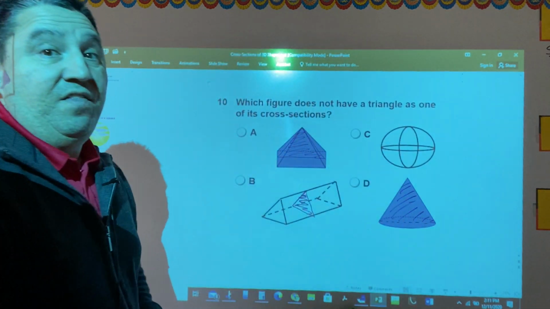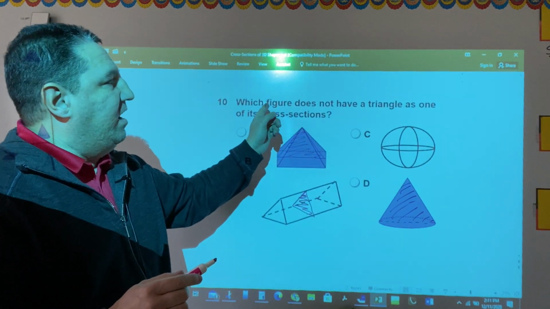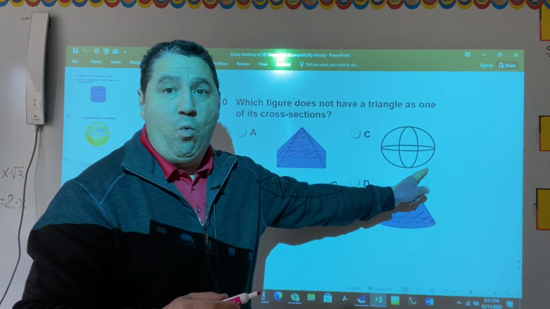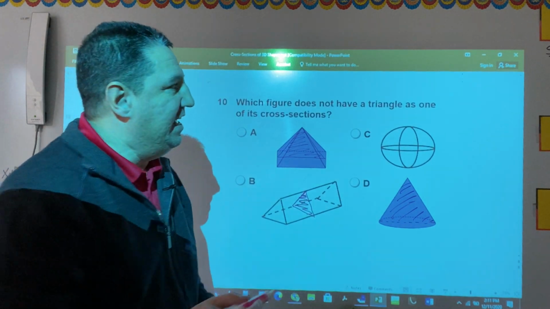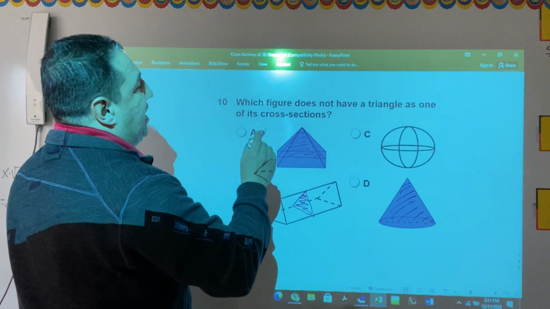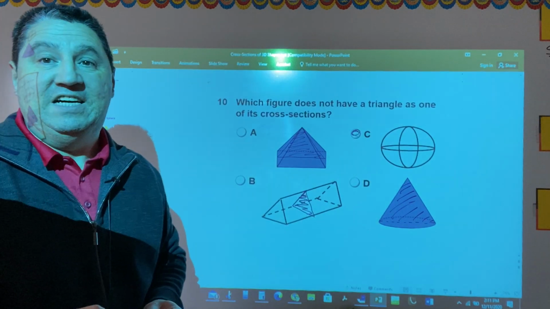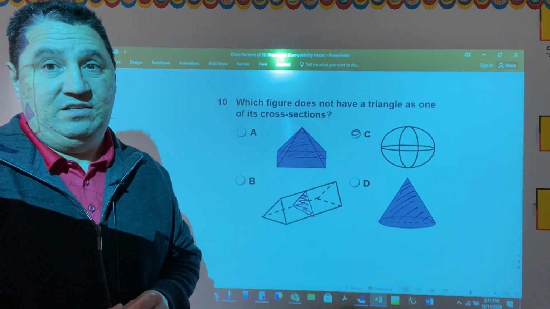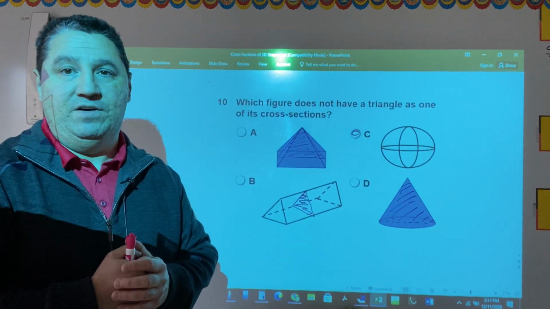But there is no way to get a triangle as a cross section when we cut a sphere. So the answer is C. Only for a sphere we never get a cross section in the shape of a triangle.